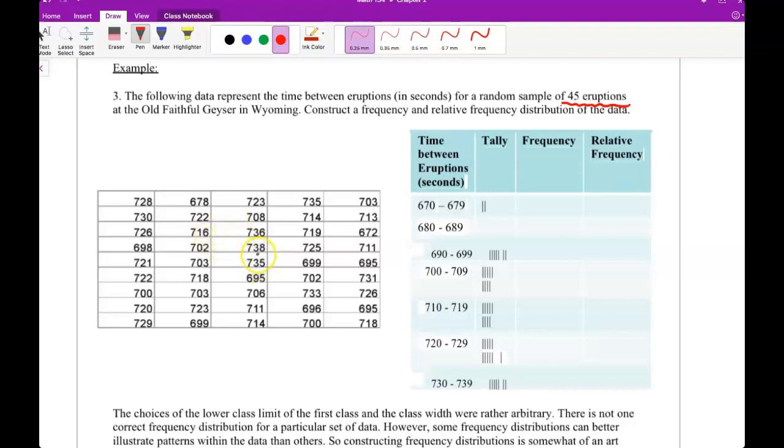Here I want to find what the maximum data value and what the minimum value is.